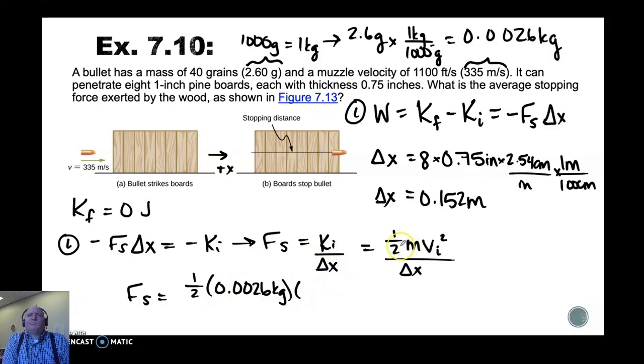And then multiplied by our velocity, which is 335 meters per second squared. Okay, and then divided by our displacement, which is 0.152 meters. Okay, so let's go ahead and do that calculation real quick.